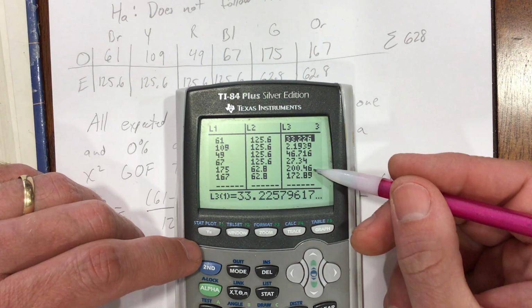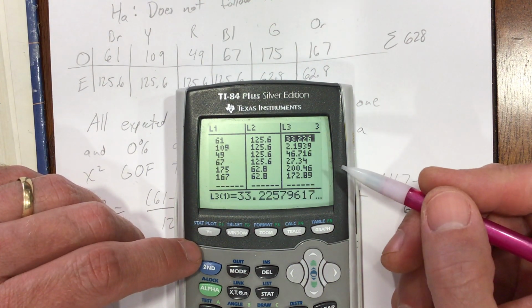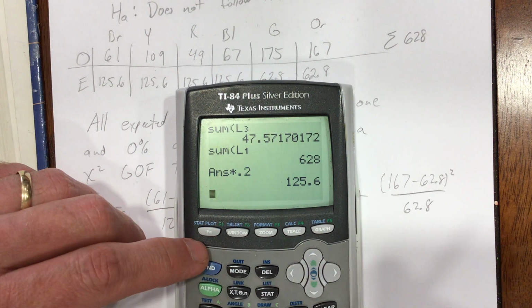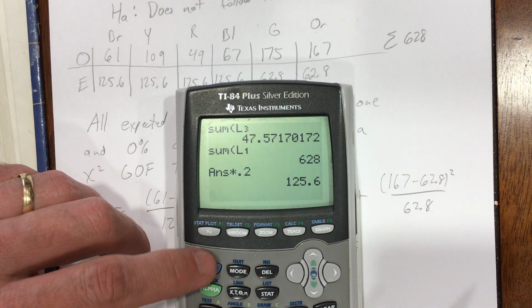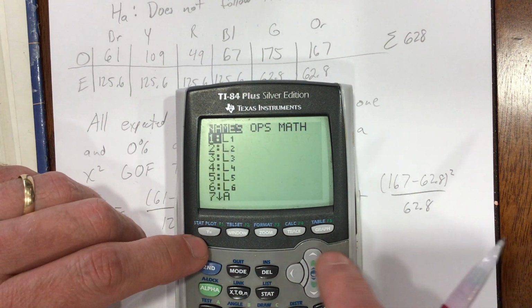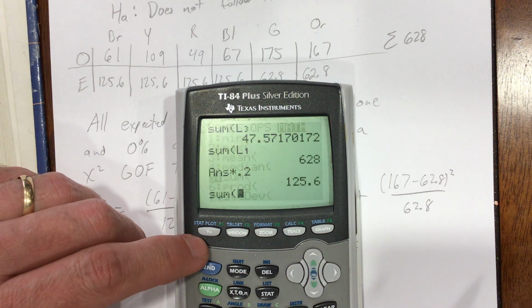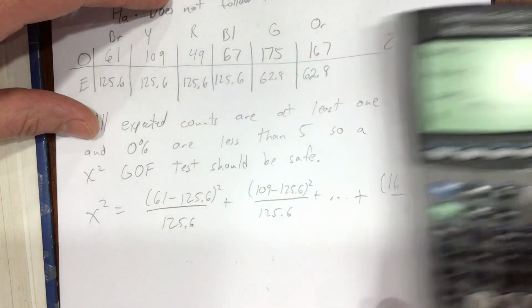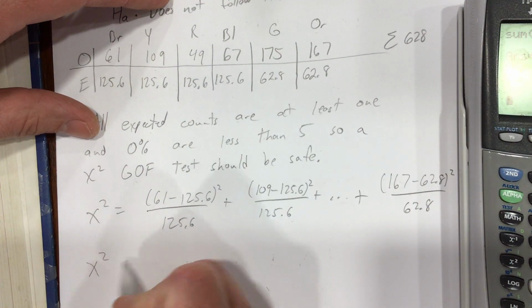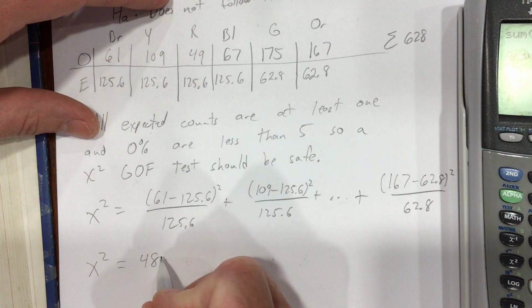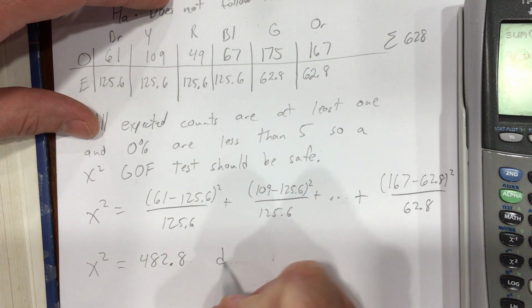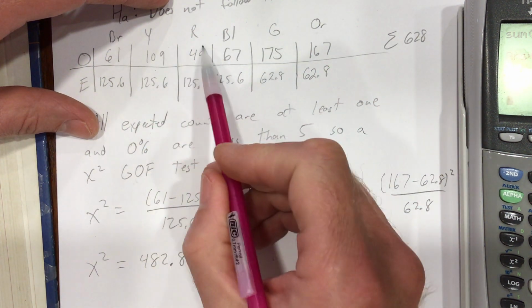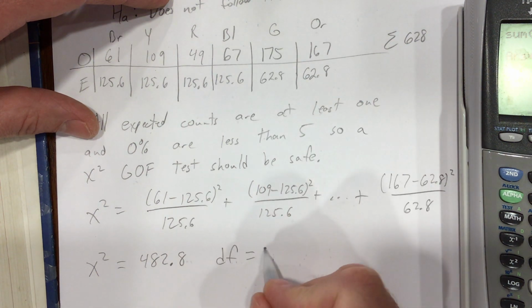And wow, look at those. Sum of list 3. That is massive. And my degree of freedom is 1, 2, 3, 4, 5.